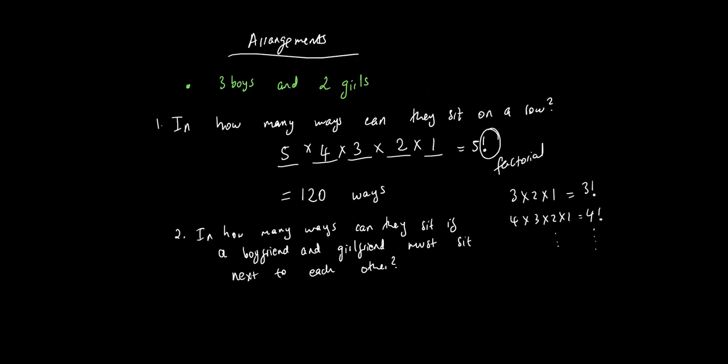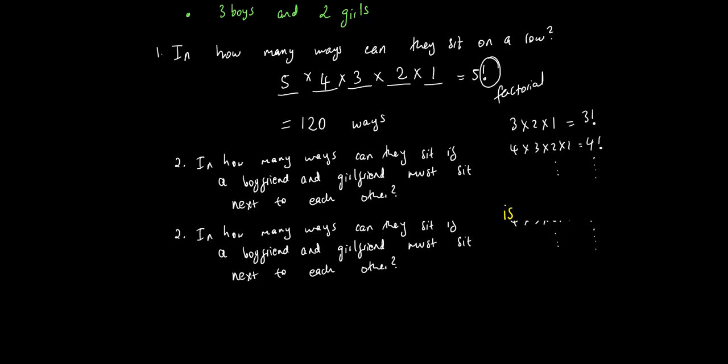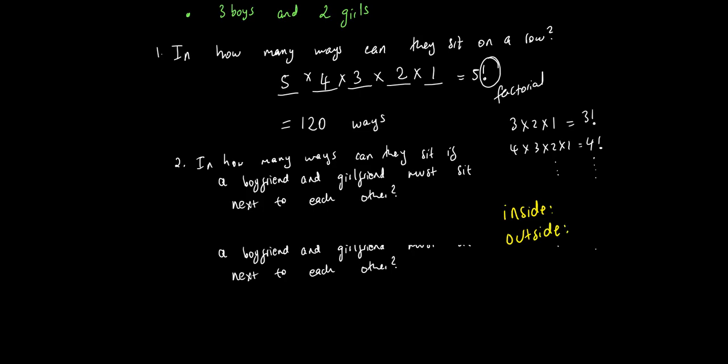Well, the way I solve problems like this, especially on arrangement, I simply say inside, and then I look at outside. So how many spaces are we going to have?